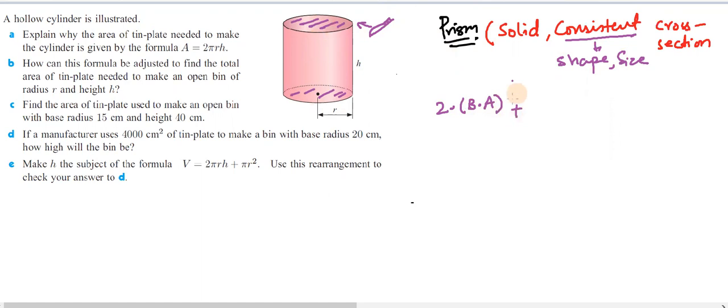And then we have this curved side. How do you find this curved side? Well, the trick is you wrap all the other faces, except for the base areas, with a rectangular piece of paper. And when you lay it flat, look at this. I'm going to mark with red.